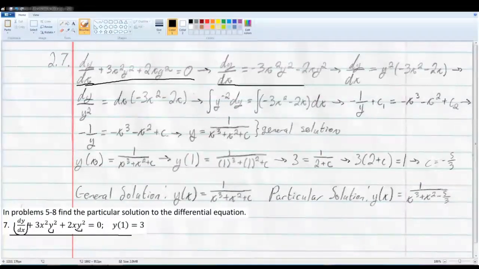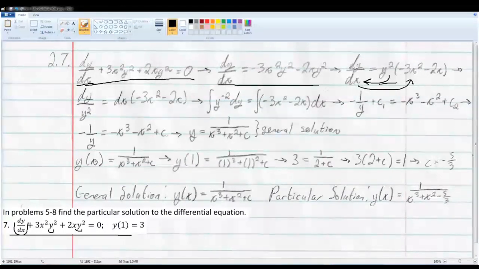So the first thing I did was move everything to the other side except the derivative of y. Then I pulled out y squared. And so now what we could do is divide by y squared, and multiply by dx.